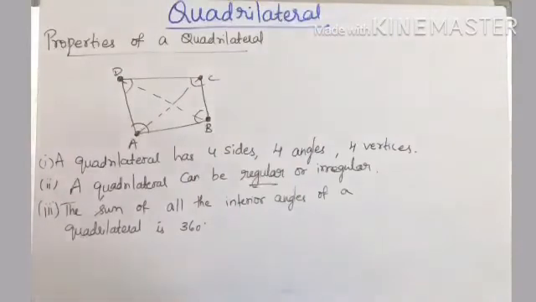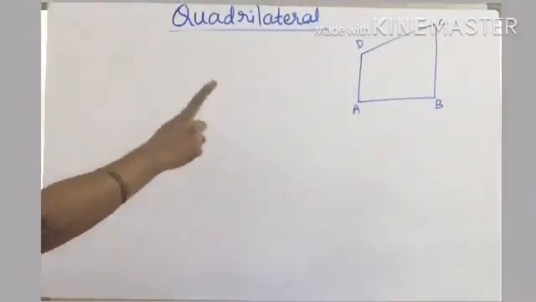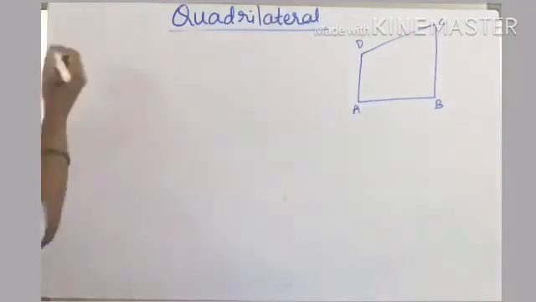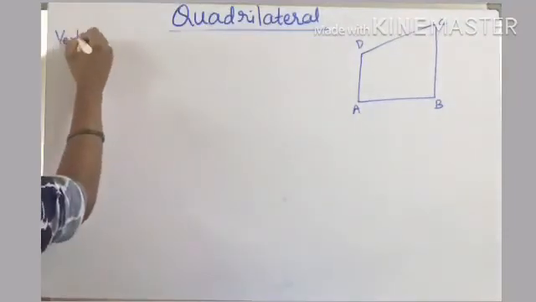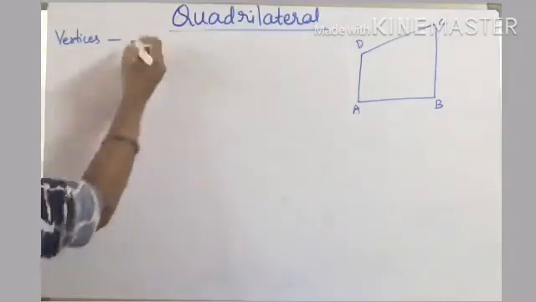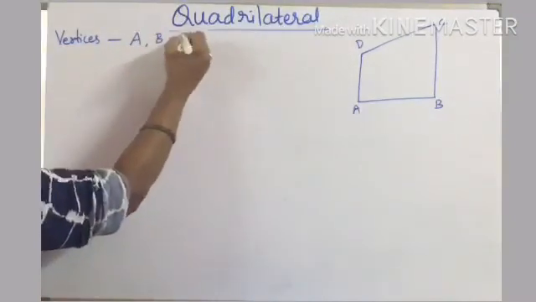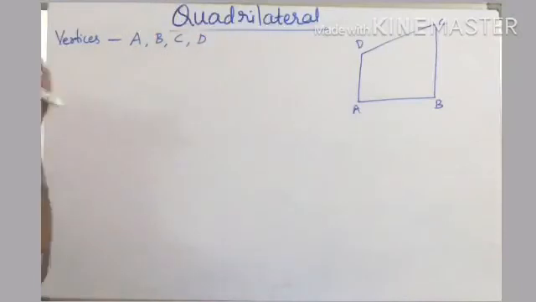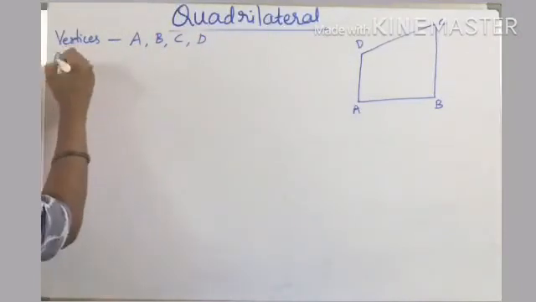Now next I am going to show what the sides, angles and vertices are in a quadrilateral. Now consider the quadrilateral ABCD, children. I am going to write slowly here. What are vertices here? Vertices are nothing but corners. So A, B, C, D are the vertices. Coming to the next, angles.